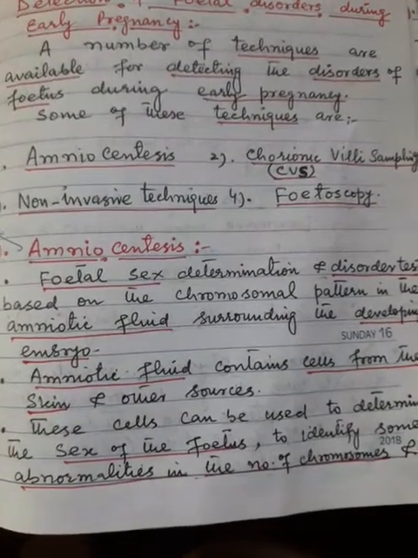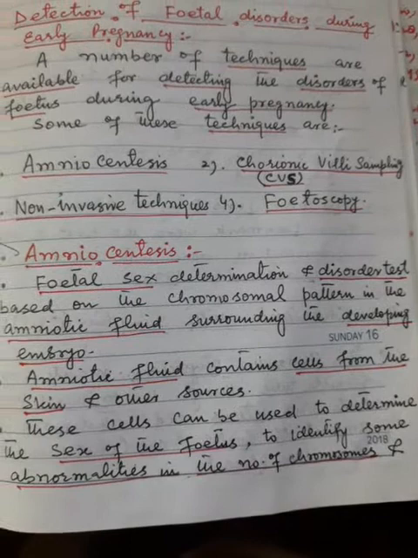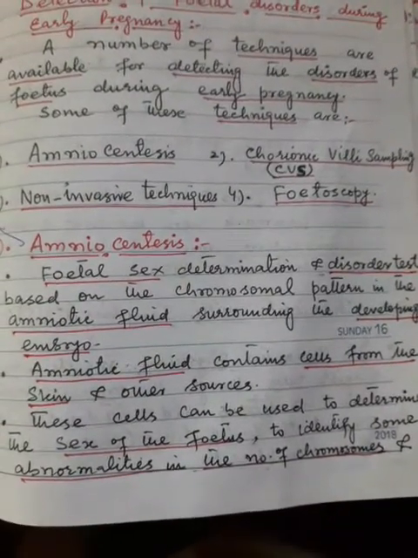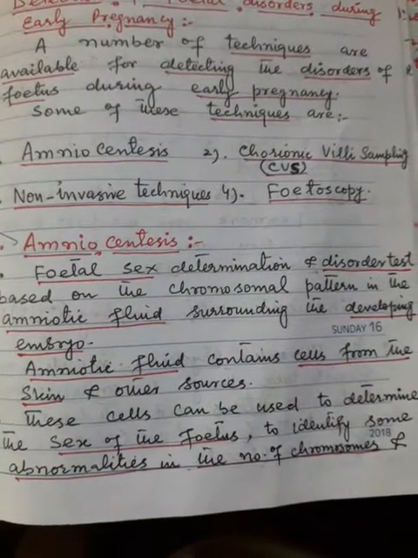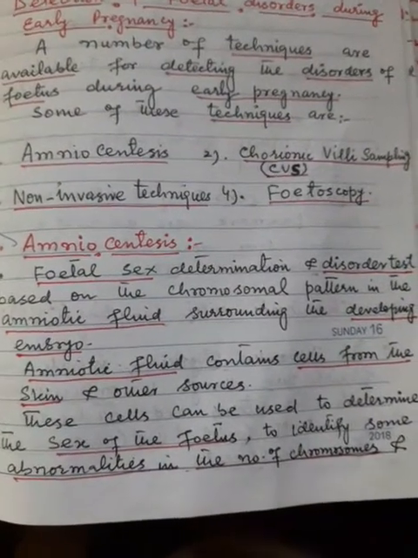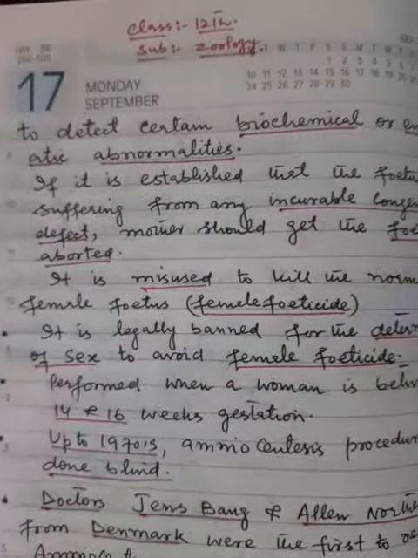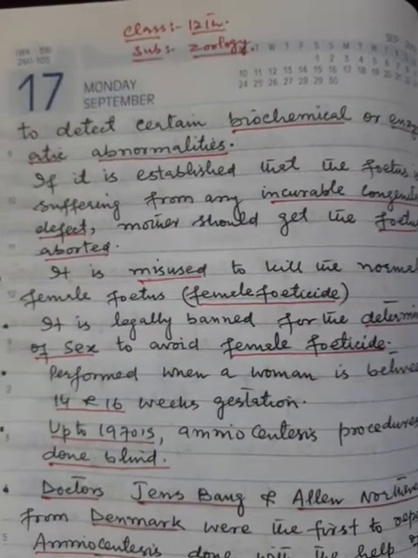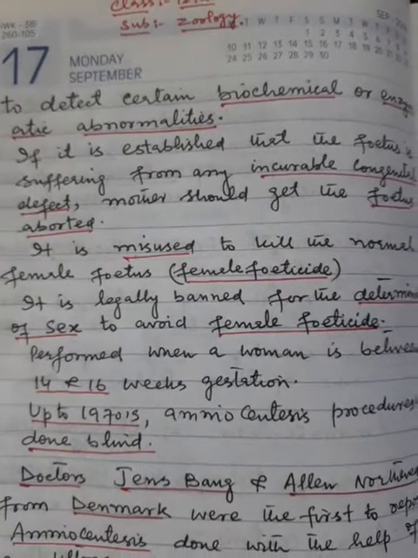These cells can be used to determine the sex of the fetus, to identify some abnormalities in the number of chromosomes, and to detect certain biochemical or enzymatic abnormalities.